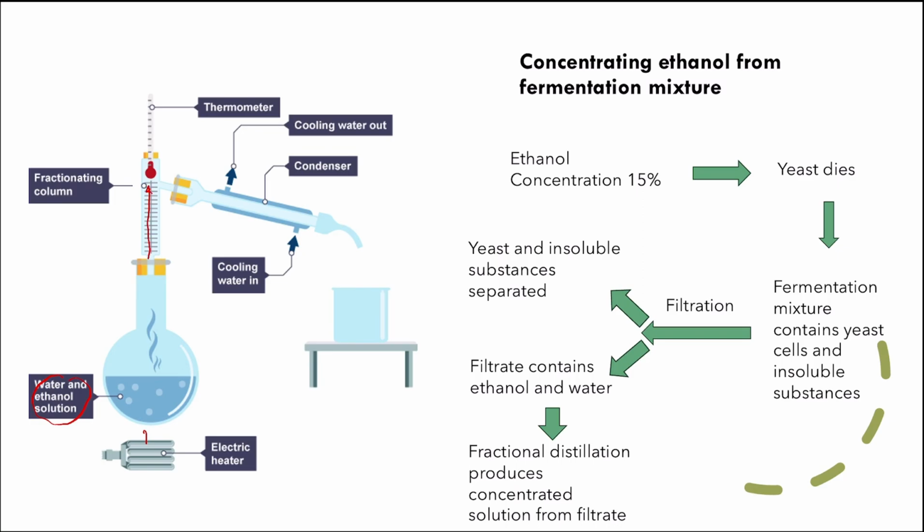At the top of the fractionating column, the temperature will be lower, but high enough for the ethanol to stay as vapor, while the water will condense back into solution. So ethanol will pass through the condenser, and then it can be condensed and collected in the collecting vessel here, while water can then stay in the solution.